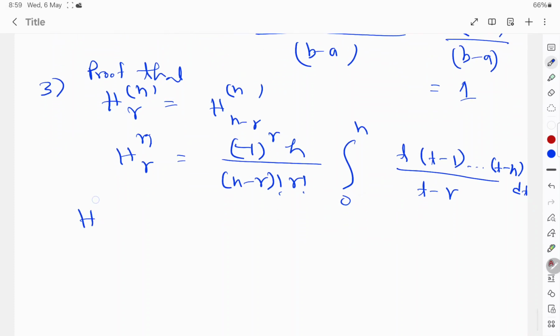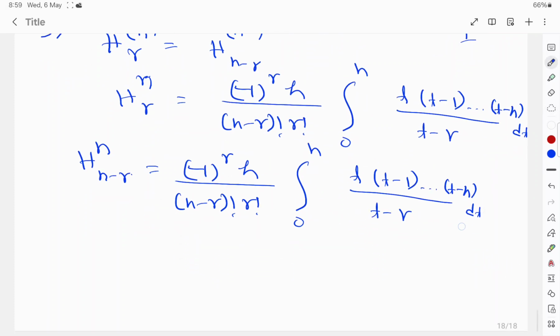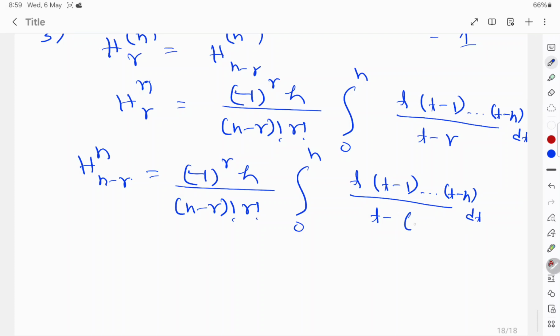Now what you will do, you use here n minus r. So what will change in this expression? Instead of r, you have to write n minus r, right? Now you just think here, you have to use another substitution, u equal to n minus t. Then complete the remaining part.